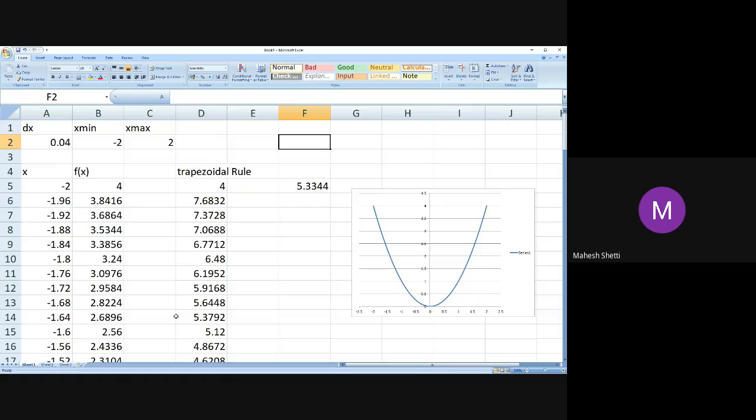So 8 divided by 3 minus minus 8 divided by 3, because the lower limit is minus 2. Basically it is going to be 16 divided by 3. When I calculate 16 divided by 3, I'm getting 5.33, in scientific notation, but it will actually go 5.3333 and so on. Whereas the trapezoidal rule is giving me 3 significant digits correctly, but the next digits are 4, 4.